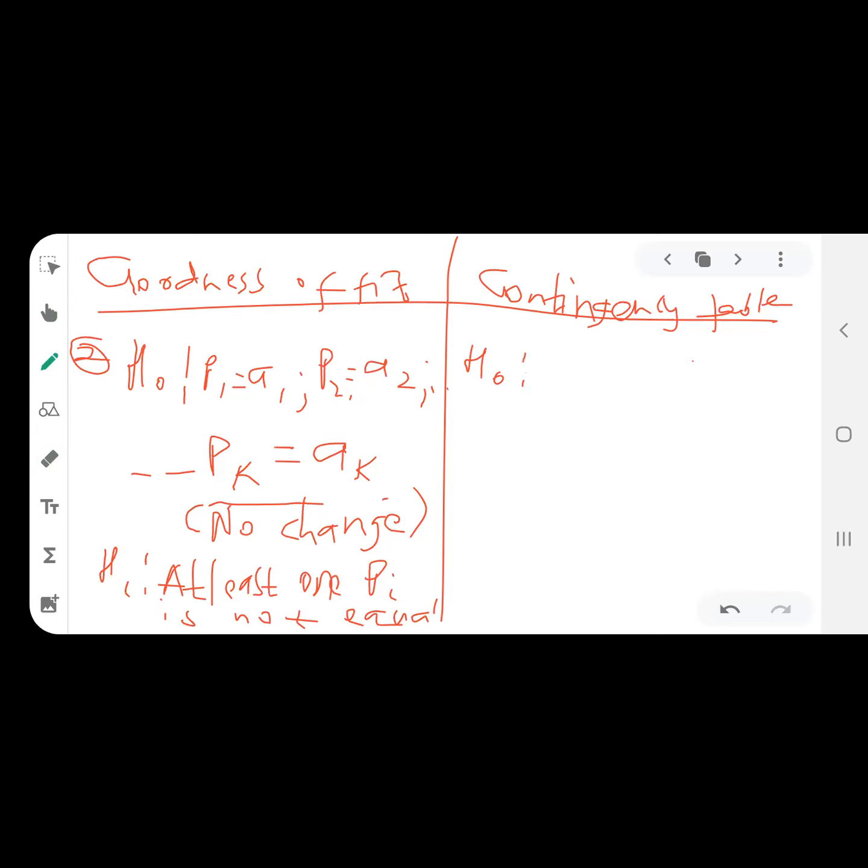So under the contingency table, the H0 will always say, and I'm saying always, it will always state that the variables, let's say maybe 2 variables, are statistically independent.